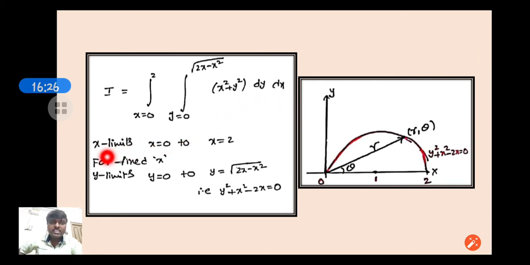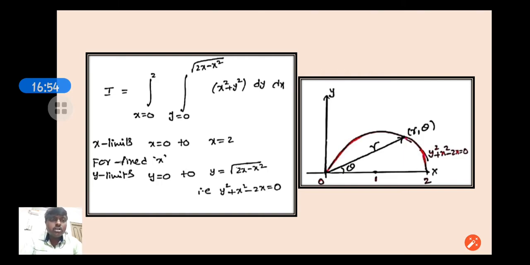First I write the x limits: x equal to 0 is the lower limit and x equal to 2 is the upper limit. For a fixed x, I write the y limits: y equal to 0 to y equal to root over 2x minus x square. By squaring on both sides, we get y square plus x square minus 2x equal to 0, which represents a circle passing through the origin.